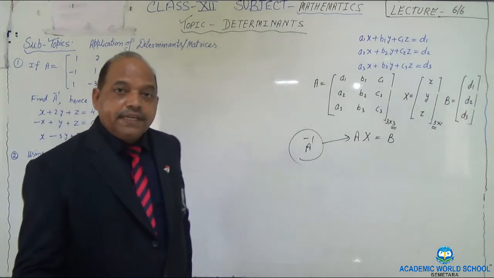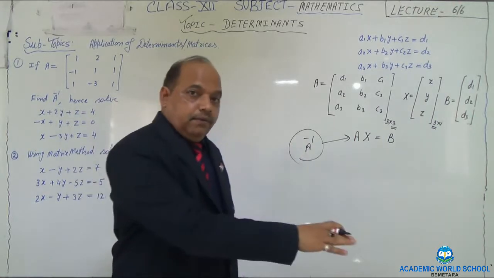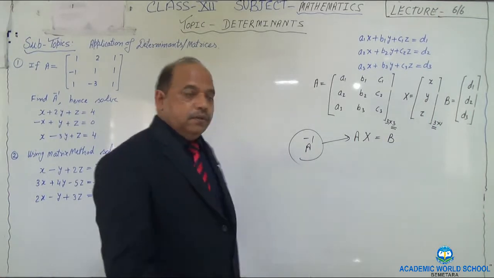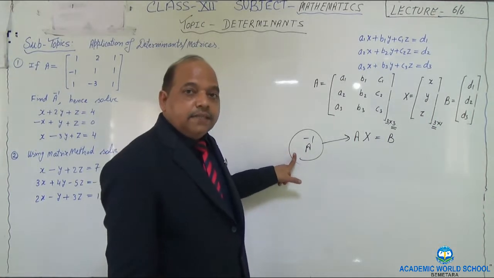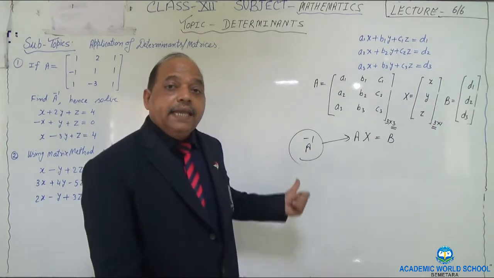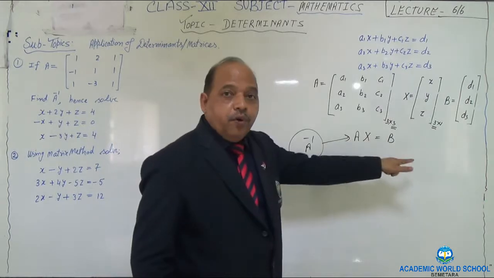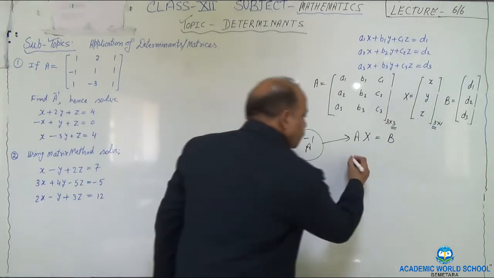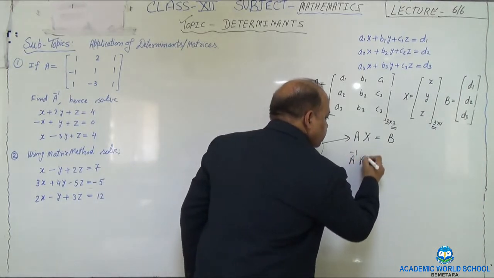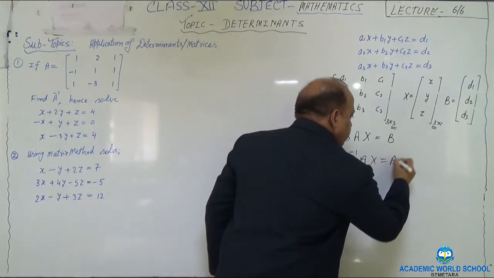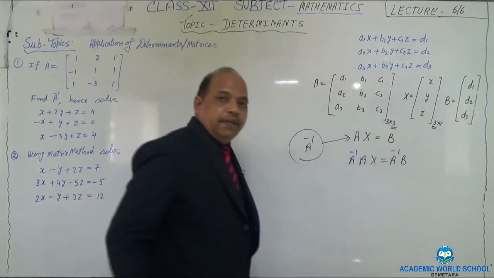I'll tell you whether we can find it or not, we will discuss that here. But suppose A inverse stands for the inverse of this, and if we pre-multiply by this inverse on both sides, what will happen? You will get A inverse A, X is equal to A inverse B.